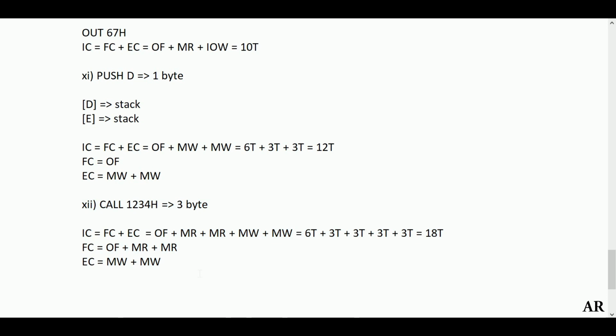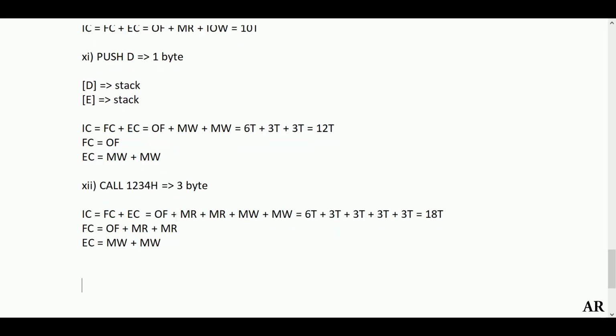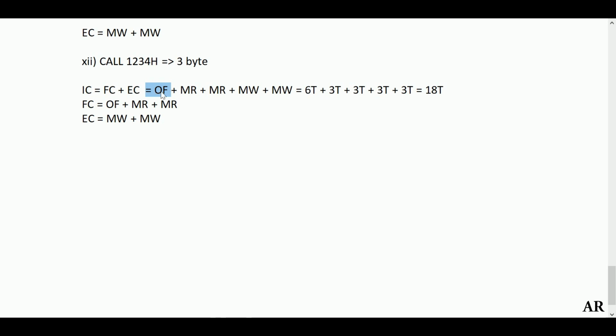I will just provide you the list of instructions which take opcode fetch as 6 T states. Not all instructions take it, there are only a few specific instructions which take 6 T states. So I'll just list out the instructions. The first one is your call instruction, then conditional call, then followed by return, I mean to say conditional return. Then you have INX, that is increment extended, so you have to increment the extended register pair.